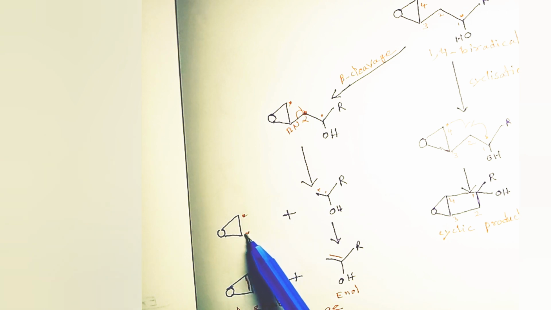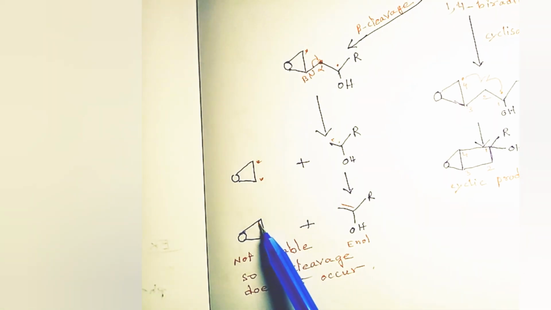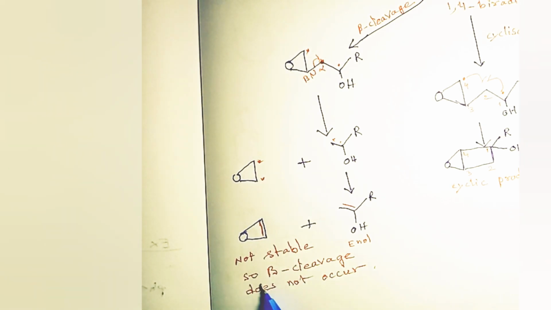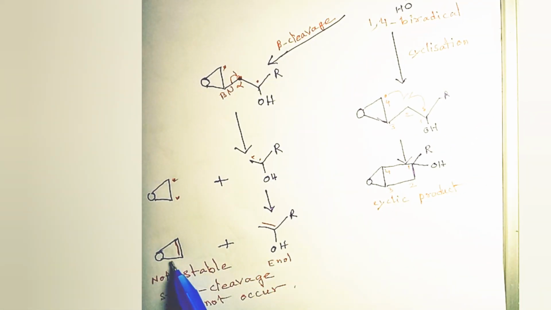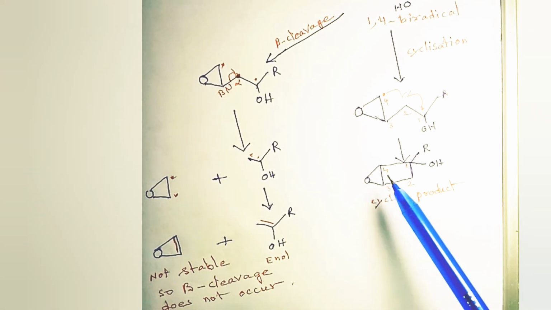And now a radical is formed on the beta carbon. These two radicals will join together to form a bond here. So this ring will get a double bond. So this is not stable because ring strain will be more in this compound. So beta cleavage does not occur to give this compound and only the cyclic product forms here.